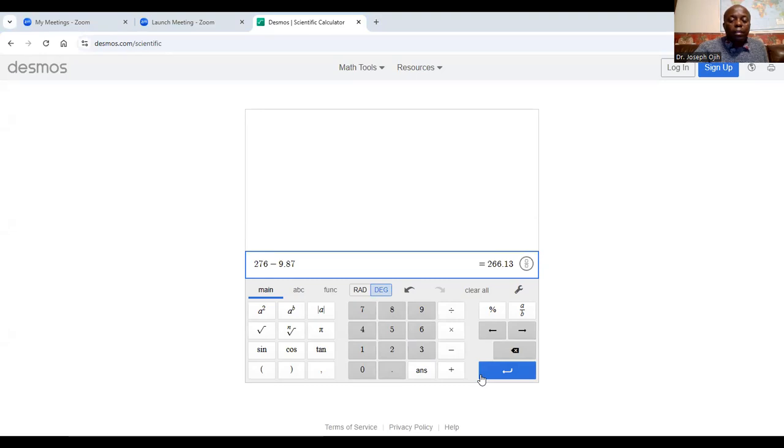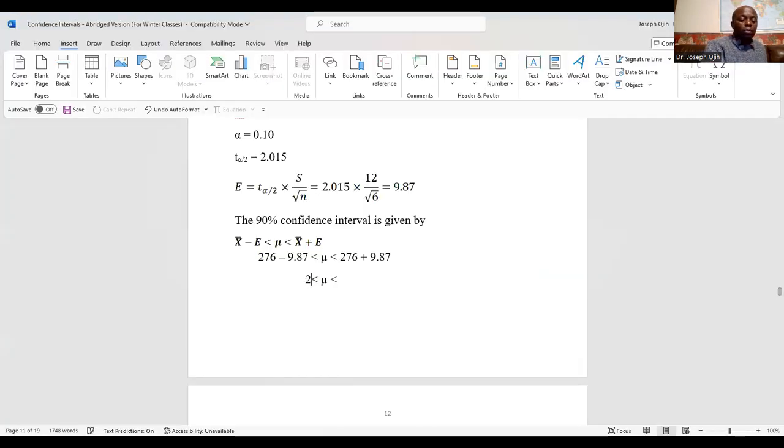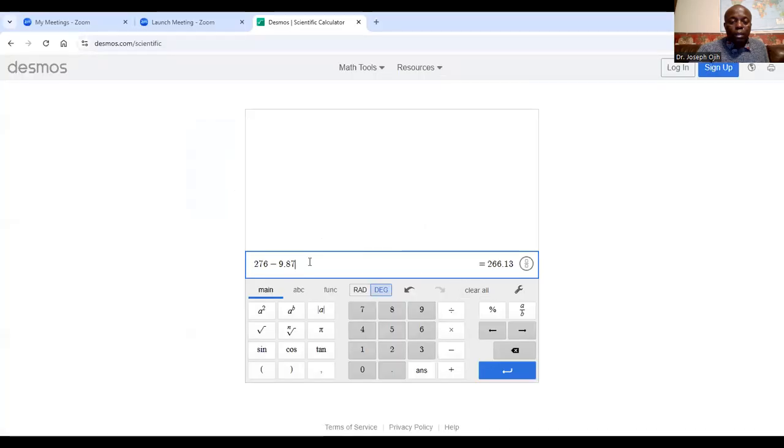I'll put it right there. Then on this side, you add it. So let's go back and change it to plus. We change this to plus. Got 285.